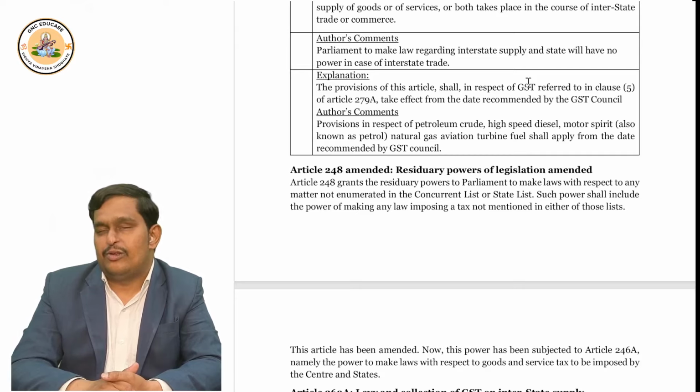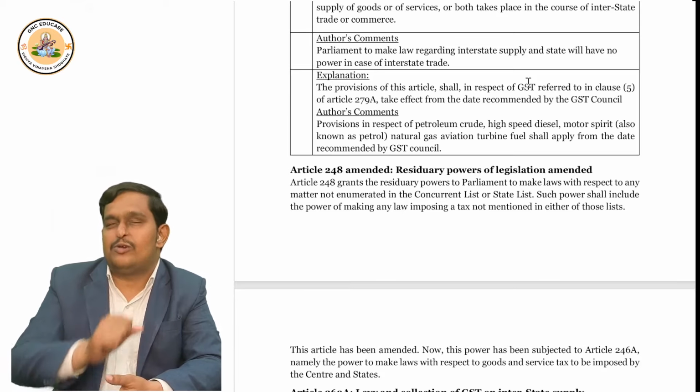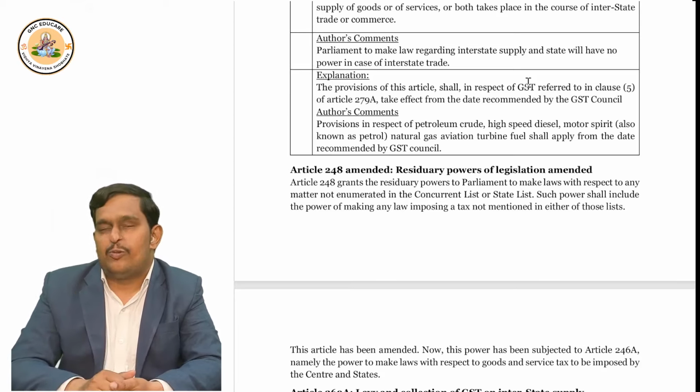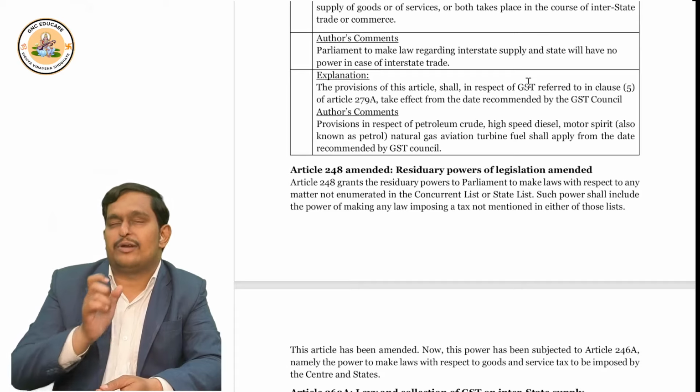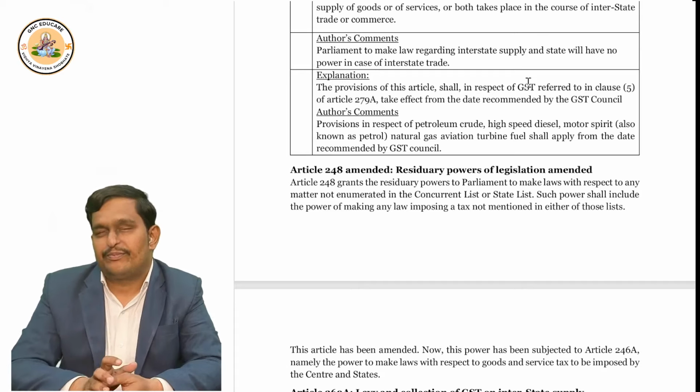Now, is it over? The answer is no. Article 248 is there. What does this Article 248 say? Article 248 gives central government some extra powers. Wherever the law relating to the state list or concurrent list is silent, there central government, the Parliament, will get the power to make the law. Here there is a change.